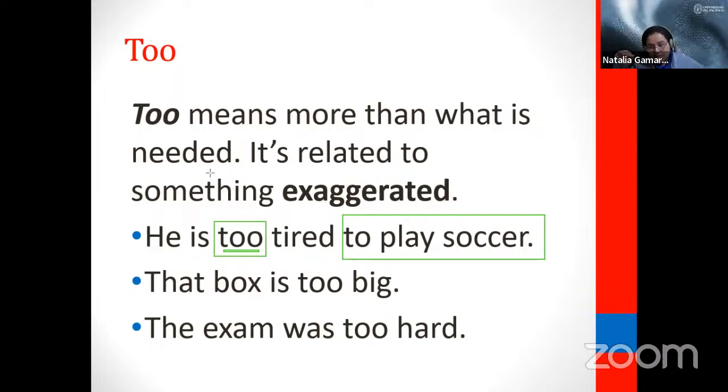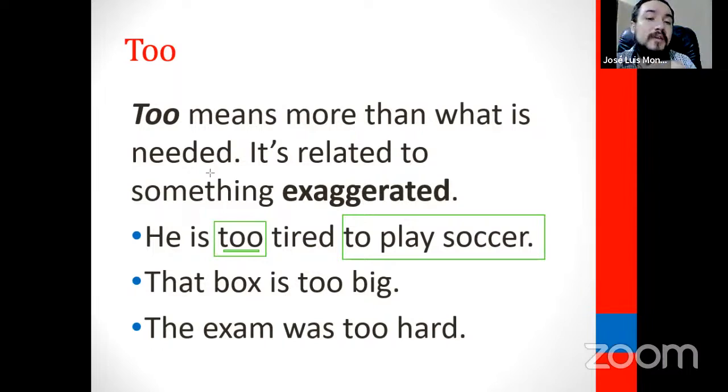But sometimes, if you say more than what you need, perhaps that sometimes can be positive, and sometimes it can be negative. But in most of the cases, Natalia, that's going to be negative.